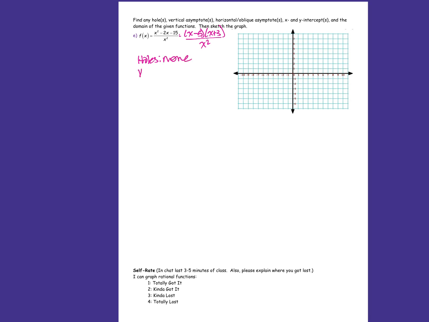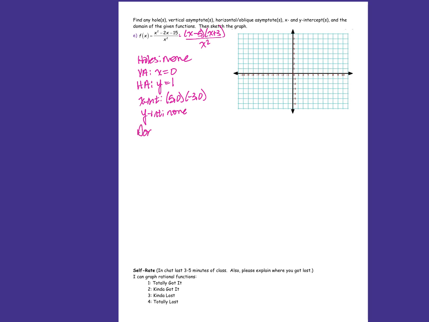Vertical asymptote, x equals 0. Horizontal asymptote, y equals 1. X-intercept, set the numerator equal to 0. So I've got 5, 0, and -3, 0. Y-intercept, none.